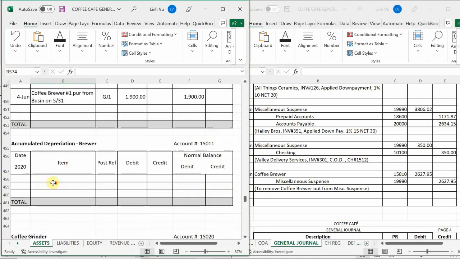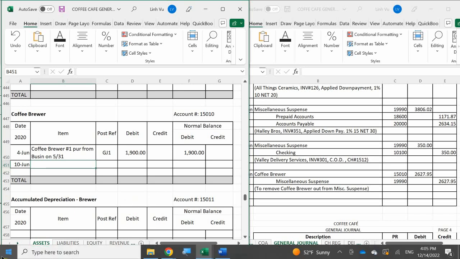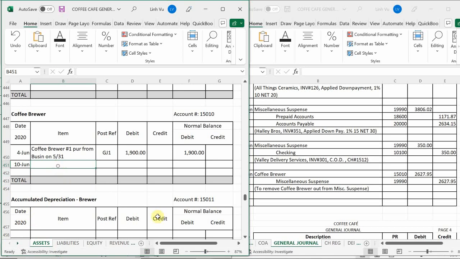And I'm also going to include all the costs that were associated to it. So today's the 10. We're going to include all those costs that we said was in there. I'm going to call this coffee brewer number 2.